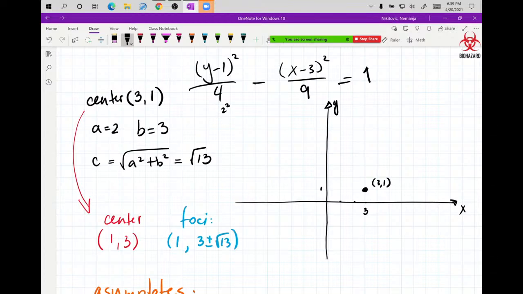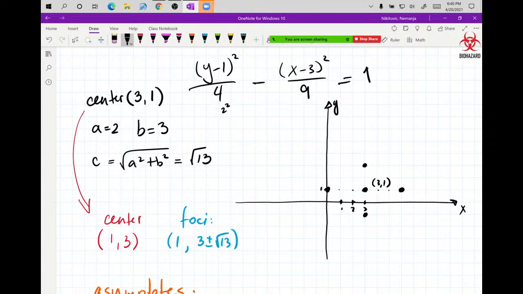So y will go 2 units up and down. 1, 2. And the x direction is 3 units left and right. It's 1, 2, 3, 1, 2, 3. There we go. Much better.